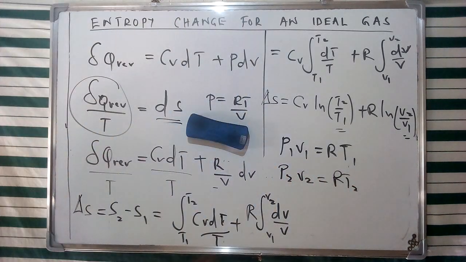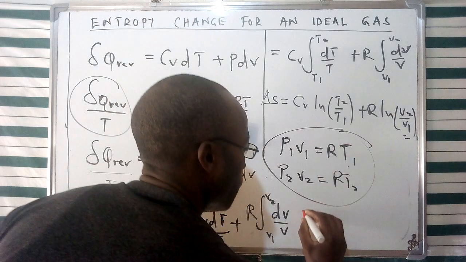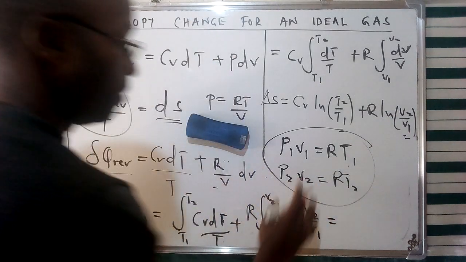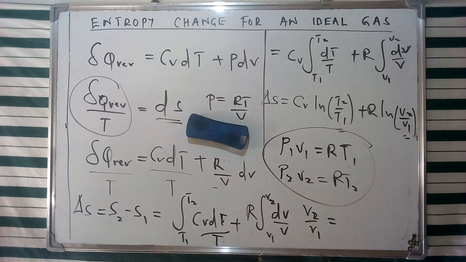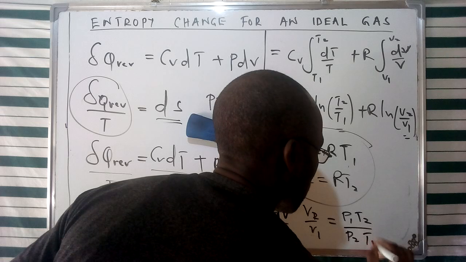From these two equations we can represent the ratio of volumes, where V2 over V1 equals P1 T2 over P2 T1.